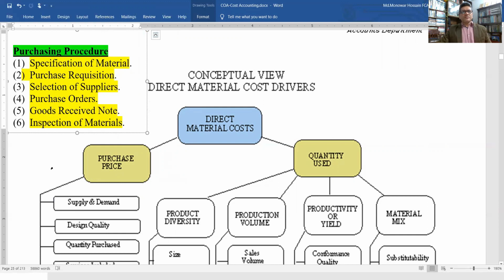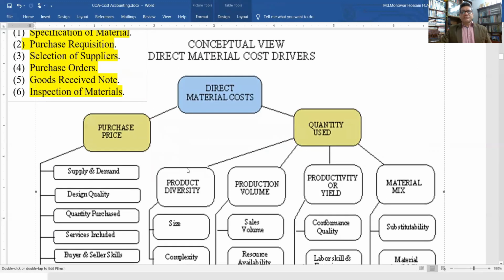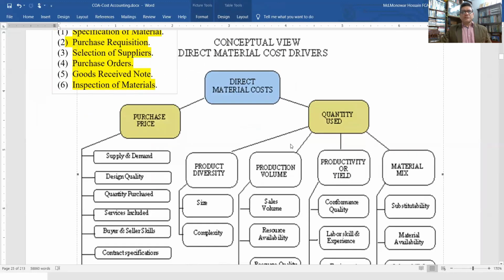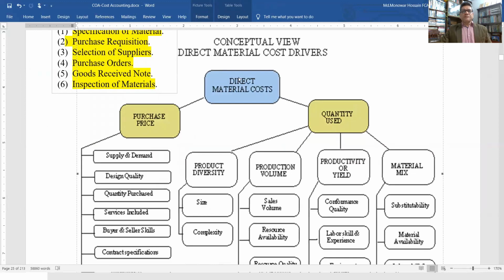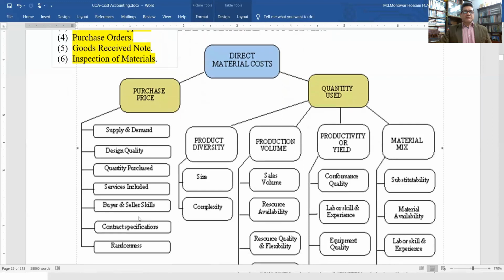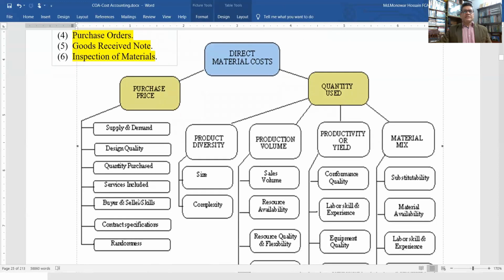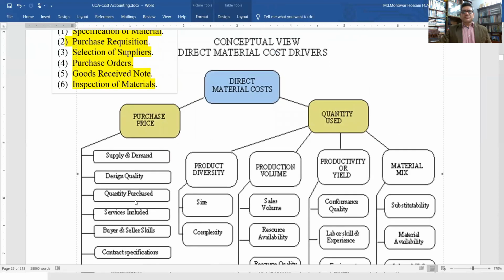Okay, so here, if we see the contemporary view of direct material cost drivers. Purchase price depends on supply and demand, design quality, quantity purchased, service incurred, buying skill, contract specification, and regularness or randomness.